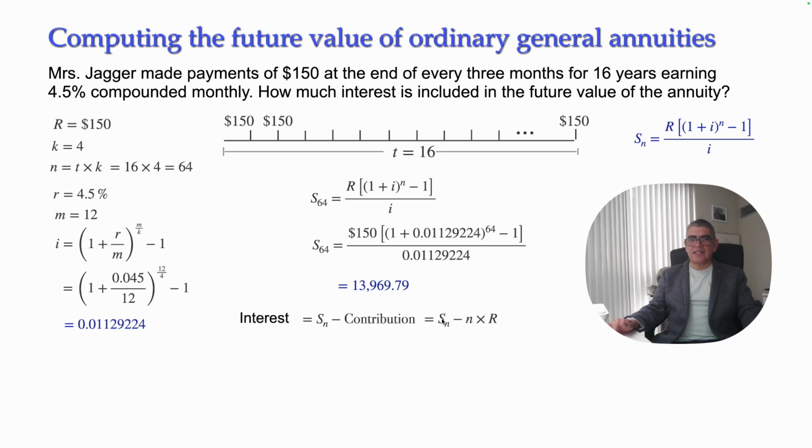The amount that is at the end minus the contribution. Just make a substitution. So it will be 13,969.79 minus 64, the number of payments, multiplied by 150. When you do that, the answer is 4,369.79. So it means that these $150 payments over 16 years have earned this interest. Okay, and with this I finish my explanation of this problem. Thank you.